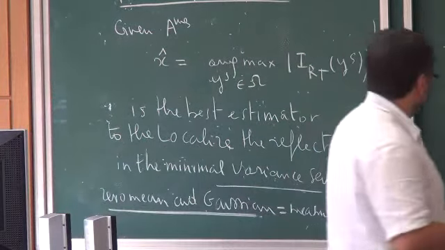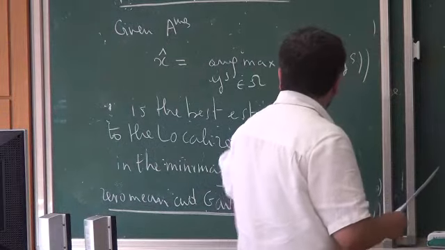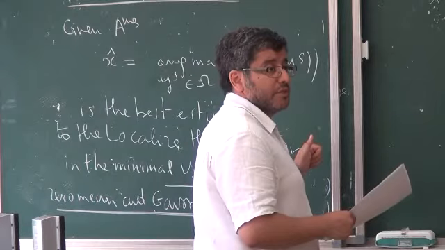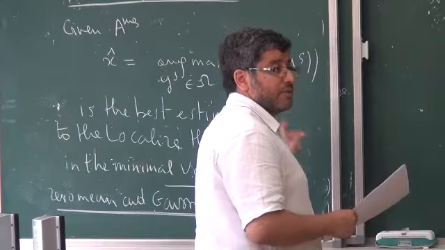And the minimum variance sense in this least squares problem is equivalent to the maximum likelihood estimator. So there is equivalence.